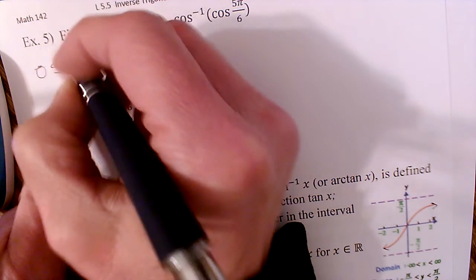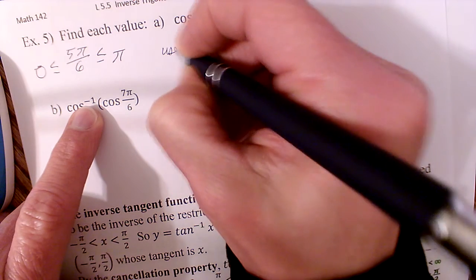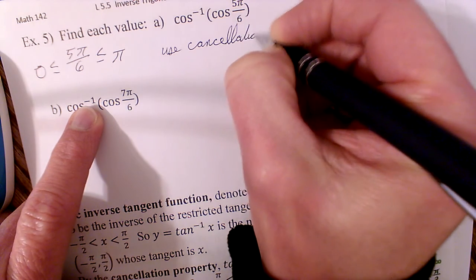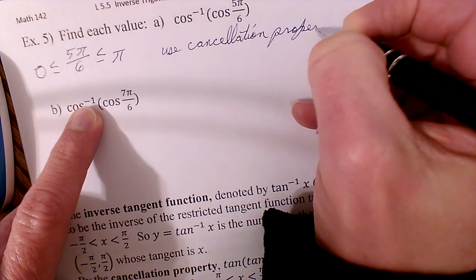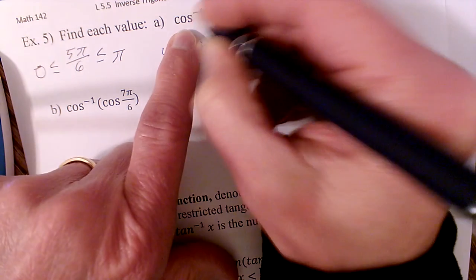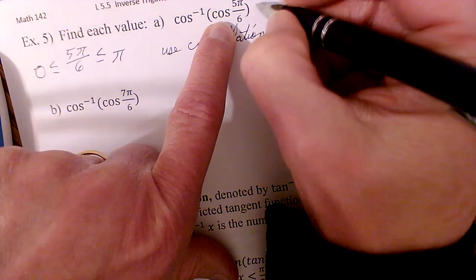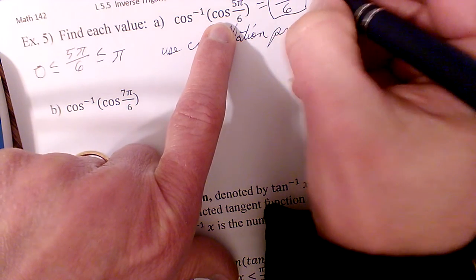Well, it is. This 5 pi over 6 does fall between 0 and pi. So we're going to use the cancellation property, which says that our inverse cosine undoes the cosine, and we get 5 pi over 6.